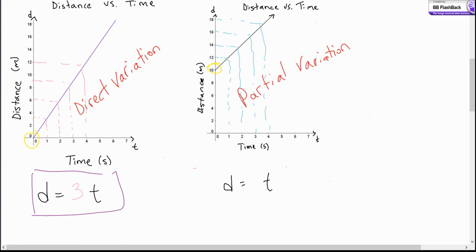Okay. So in our direct variation problem, we just had to multiply the time to get something. This situation is a little bit different. If we try to just simply multiply, will that work out?